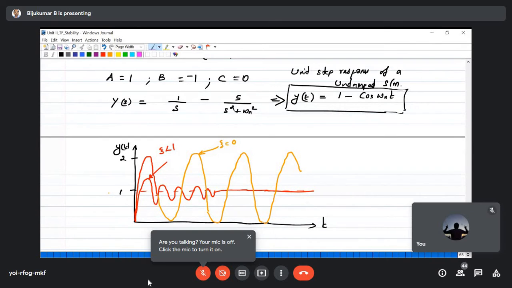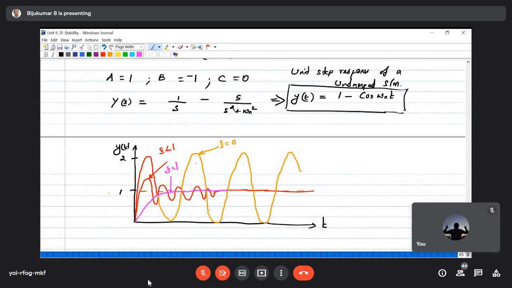Now, what about zeta equal to 1? It is a critically damped system, and we have seen that there is no steady state oscillation, there is no overshoot. It will gradually increase and it will settle. So this will be for zeta equal to 1. So now can you tell what is the response you are expecting for zeta greater than 1?